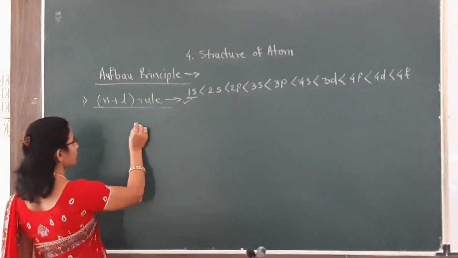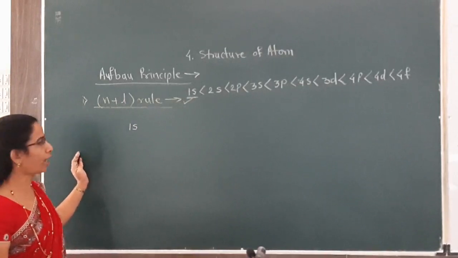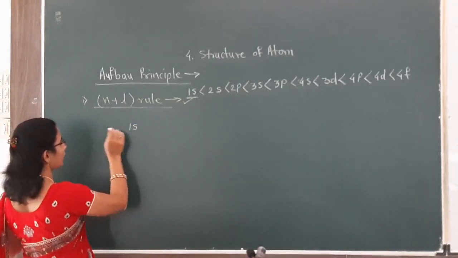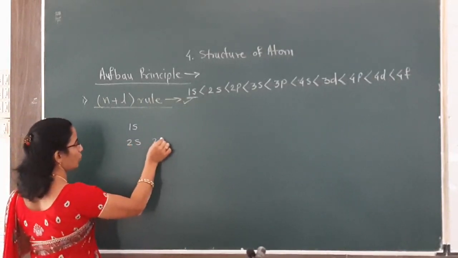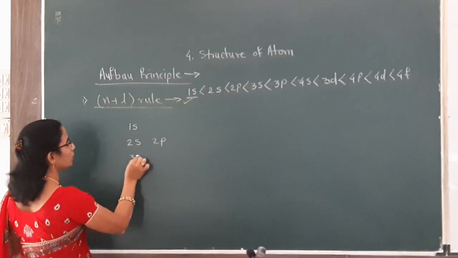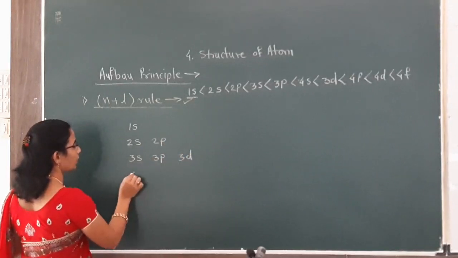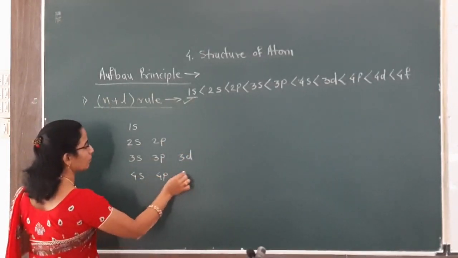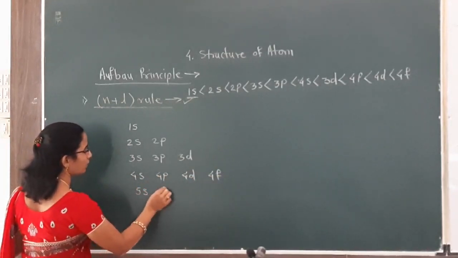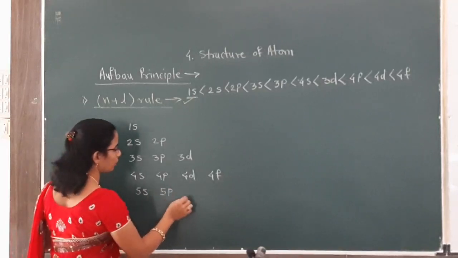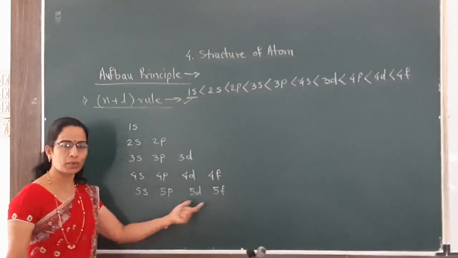So here is a simple diagram that gives one order. I will show that diagram. We know that the first shell possesses only one s orbital, the second shell possesses two orbitals, 2s and 2p, the third one possesses 3s, 3p and 3d orbitals, and the fourth one possesses 4s, 4p, 4d and 4f orbitals. The fifth shell has 5s, 5p, 5d, 5f and the last one, 5g.